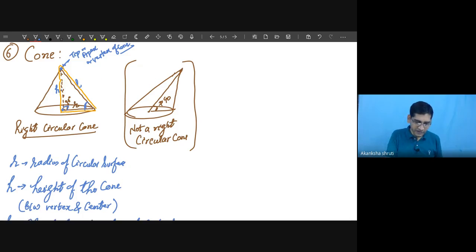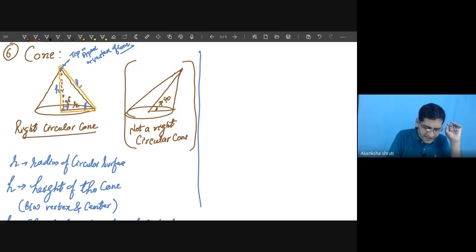Now coming to the curved surface area and total surface area. In this case, there is one base. The base is this one, the circular one. So this we need to count in the total surface area.